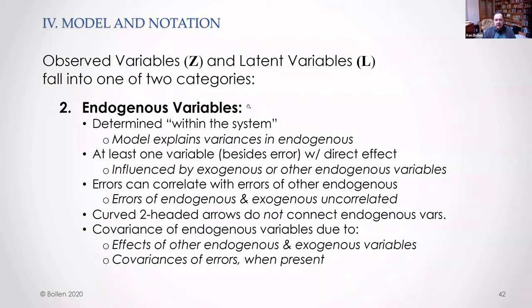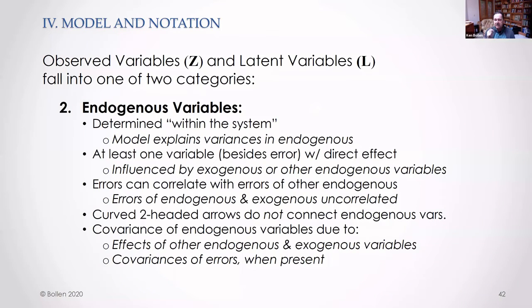And this is the definition of endogenous variables as we'll be using it. These are the variables where we're trying to explain them in our system. These are some key outcome variables that we have other variables in our model that we believe are influencing them. And so they are called endogenous within the system.